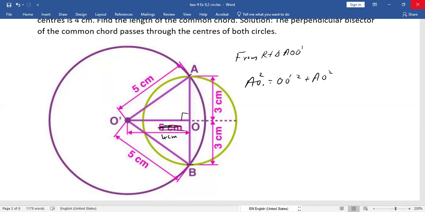We need AO. That means AO square is equal to AO dash square minus OO dash square.